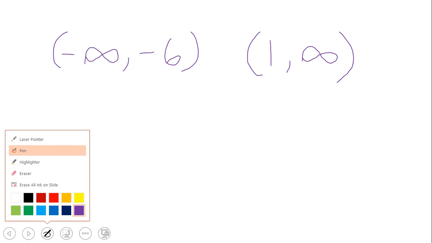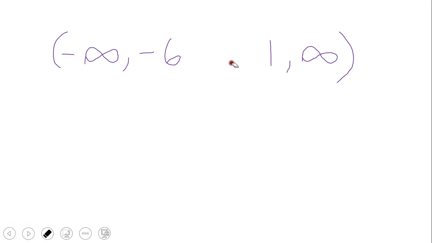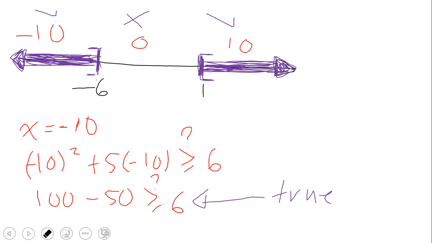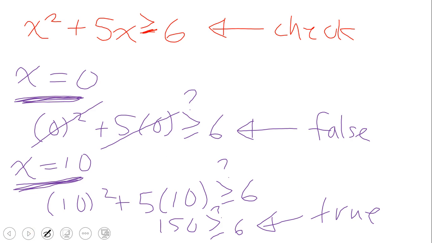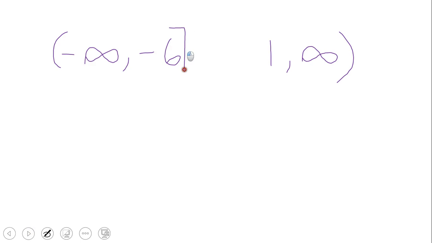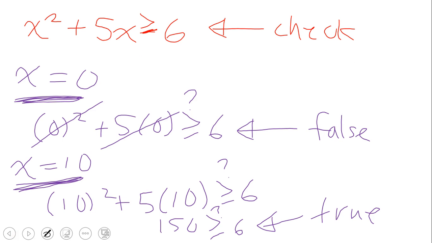And actually, it's going to include this boundary because these are included. Yeah, it's going to include the boundary, so it's going to be a bracket on the other side.